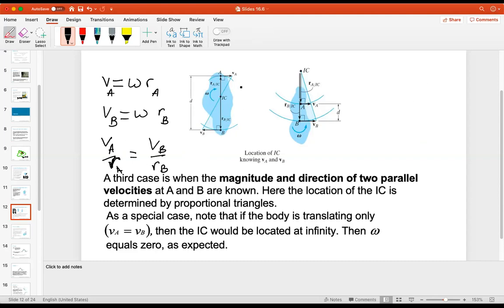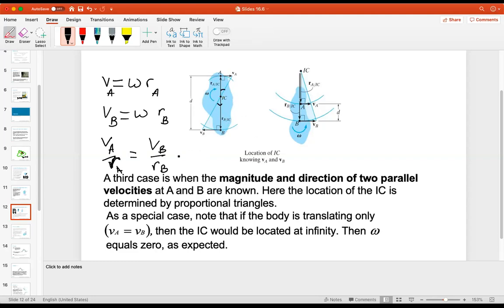So in this example here, they've got a triangle, and the opposite side is going to be the velocities, and the adjacent side is going to be the radius. Because they're similar triangles, this angle and this angle must be the same. And they are, the vertex is the instantaneous center.